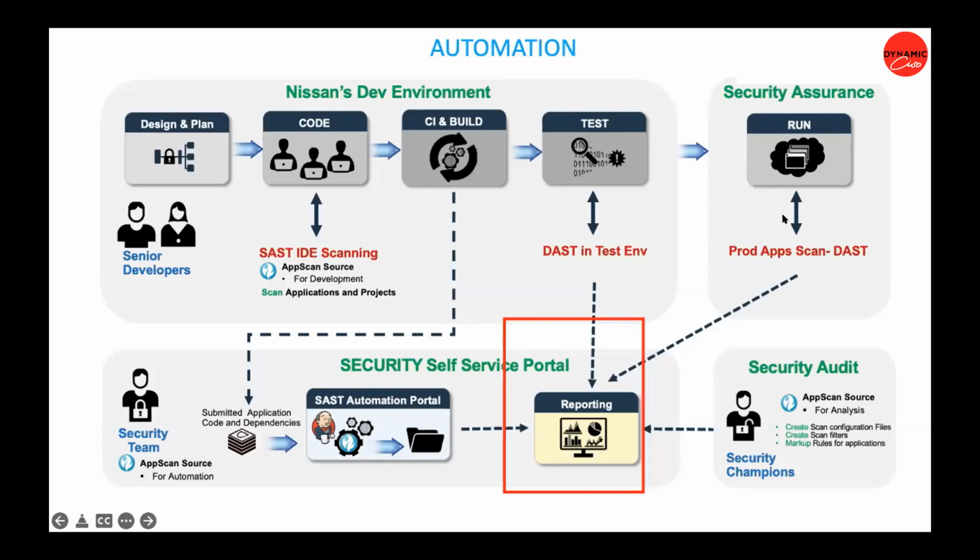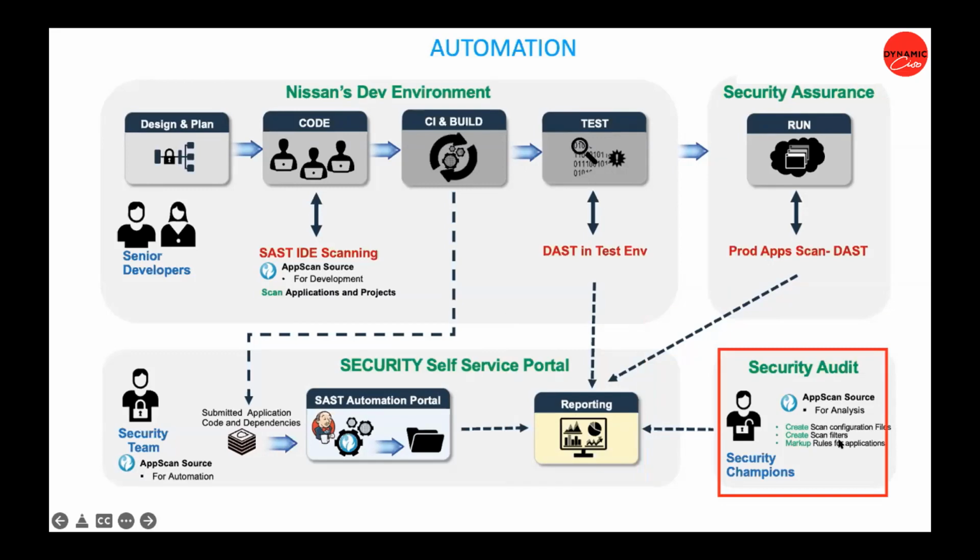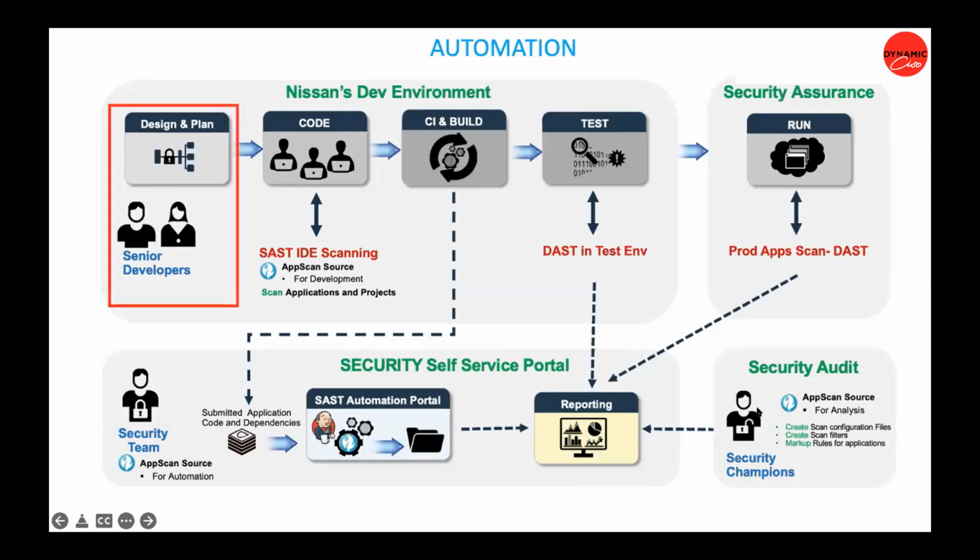And then finally, when it goes into the production environment, again a DAST is done and a report is written. And all these reports are picked up by the security champions and sent back to the developers to correct those particular things. And then the chain continues. This is all done automatically with no intervention of security at all.